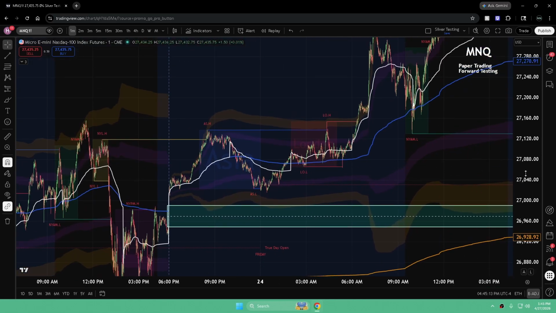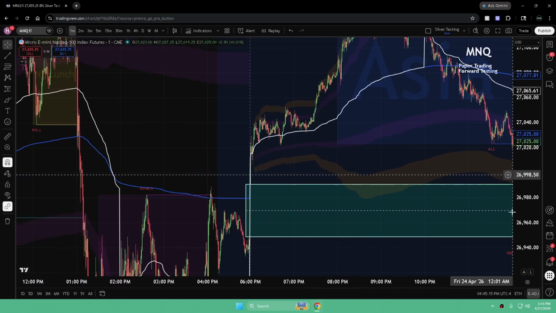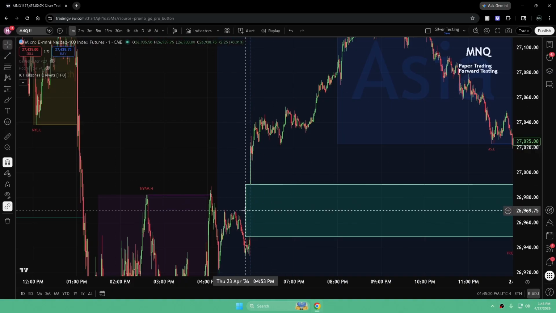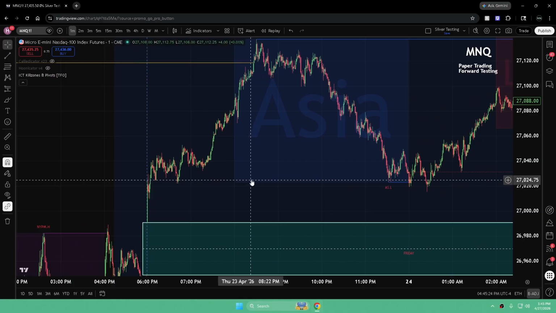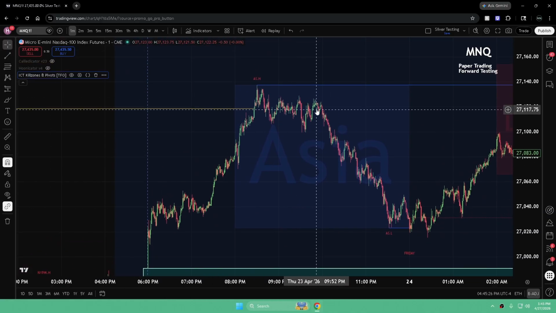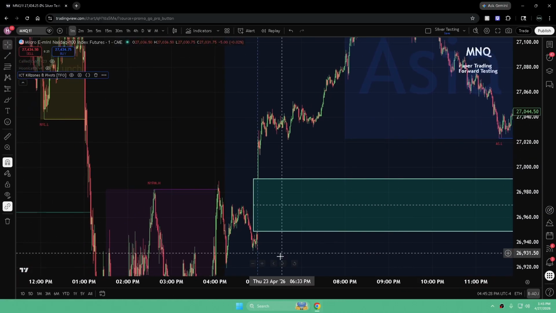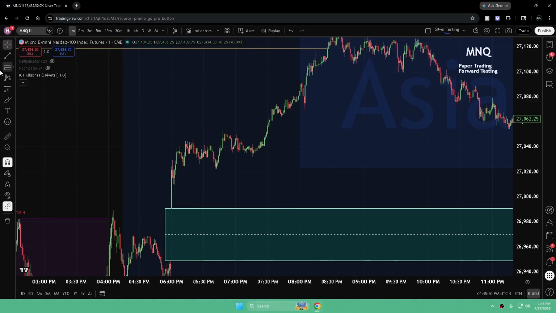But yeah, yesterday we could take a look at yesterday, right? Like I said, we have our new day opening gap right here. What does it do? Just leaves it. I took shorts here, and you'll see why.